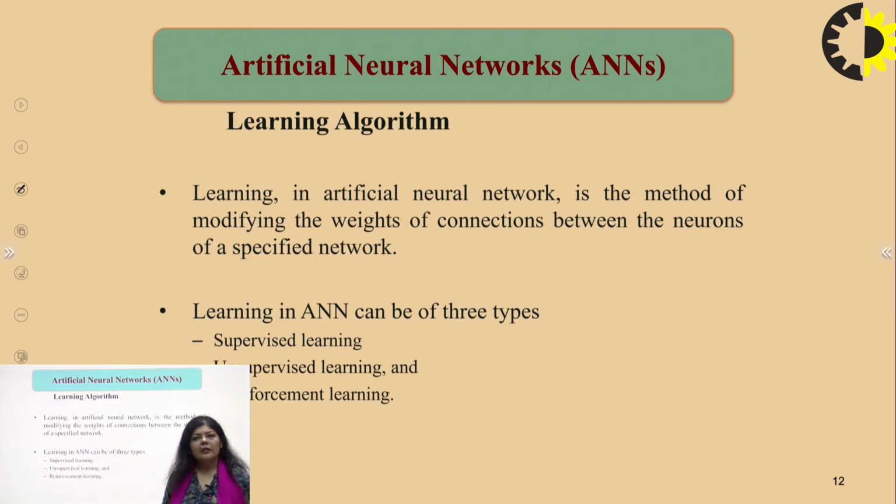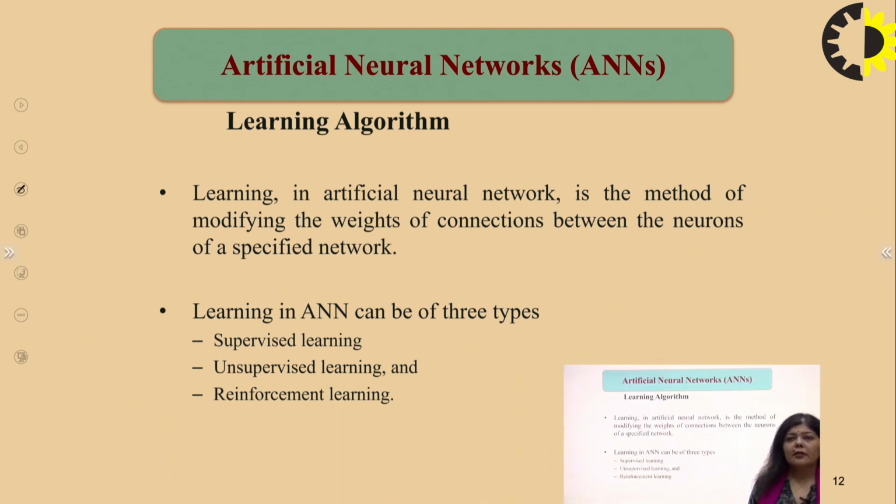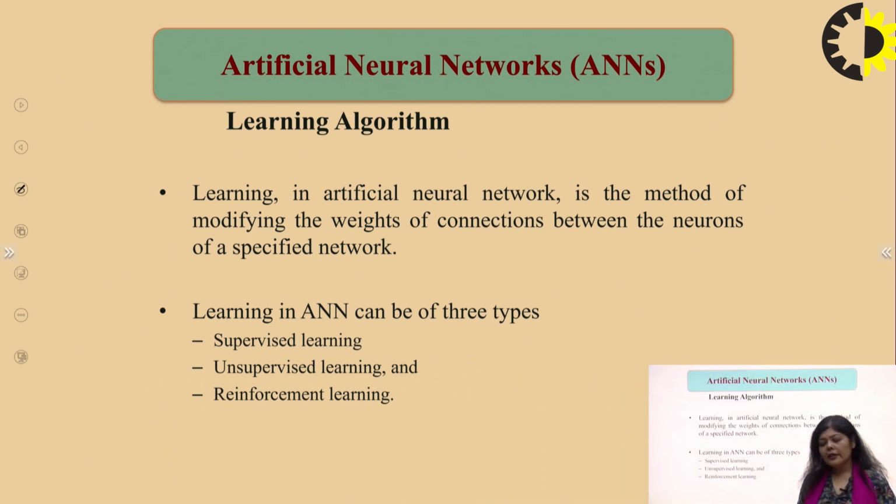The next important component is the learning algorithm. As the name suggests, learning is an important aspect of the neural network, since it imitates human brain functions. Learning is the method by which the network refines or modifies itself over the past mistakes it has made while giving a decision.